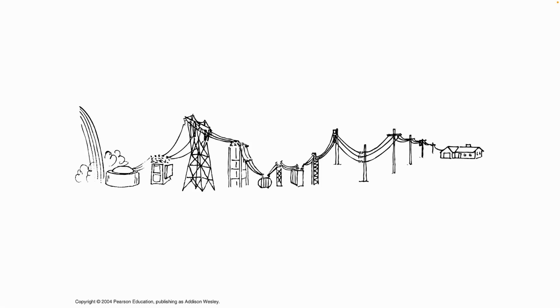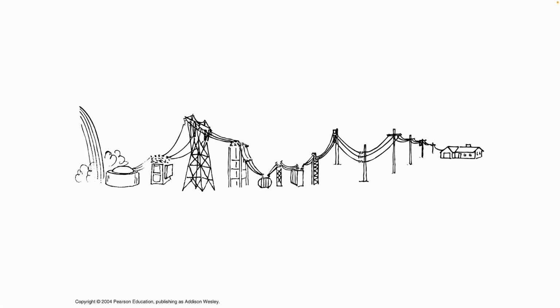So under AC, we generate electricity somehow. This is hydroelectric in this picture, right? Okay, it's by Paul Hewitt of San Francisco Community College. So you generate it, and then you can transform it.